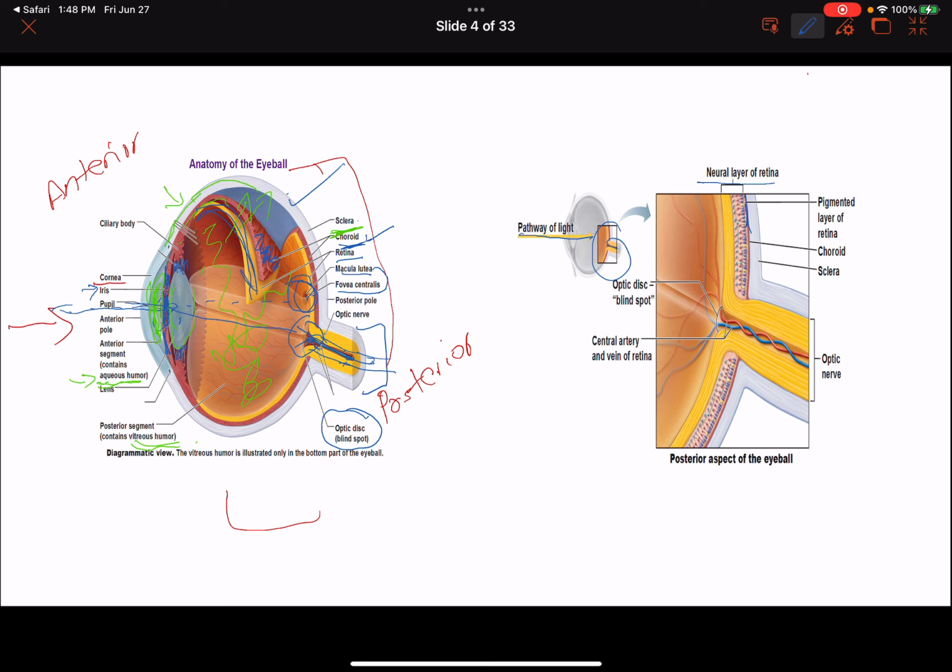Then the choroid, and then this one is the sclera. The sclera is white color. The brown color is the choroid, then the pigmented layer of the retina. You can see.